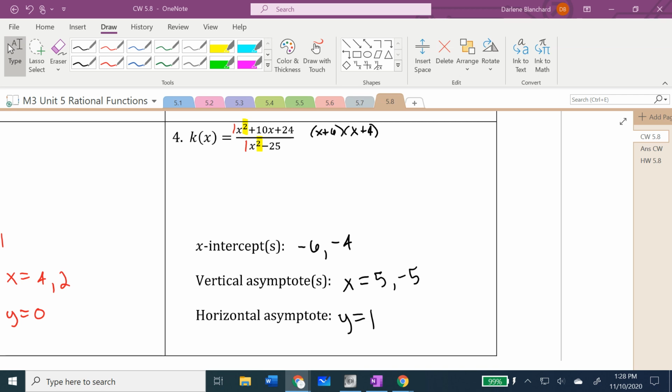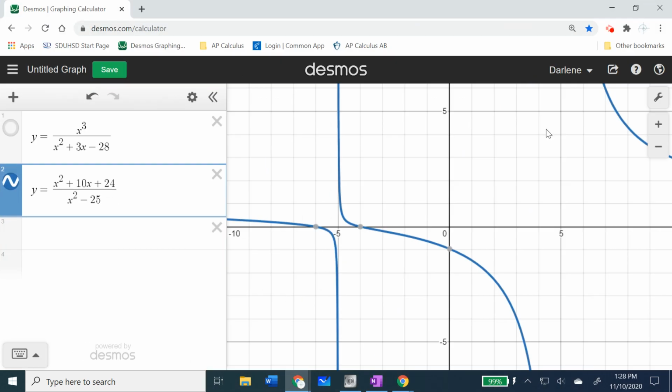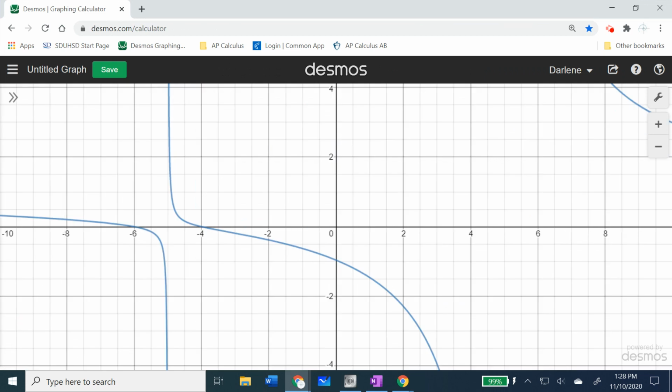So I've got x squared plus 10x plus 24, and then x squared minus 25. Okay, I've got it all typed in. Here it comes. How cool is that?